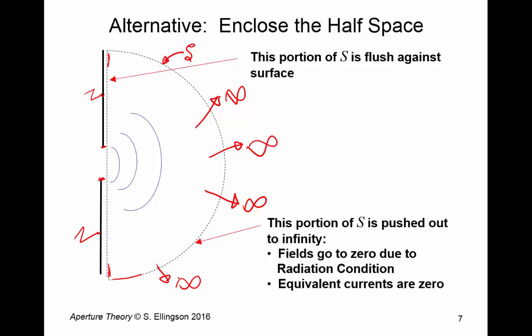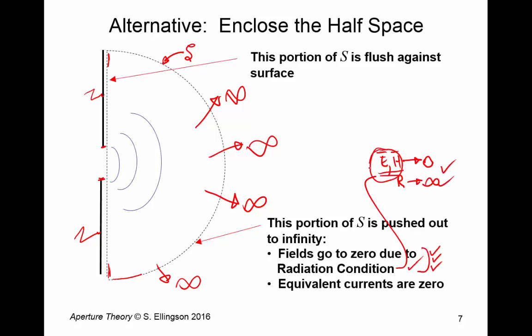Now, the reason for doing that is I get to apply then this electromagnetic principle known as the radiation condition, which simply says that we expect fields from this radiating aperture, or any bounded region of space, to go to 0 as the distance from the source goes to infinity.